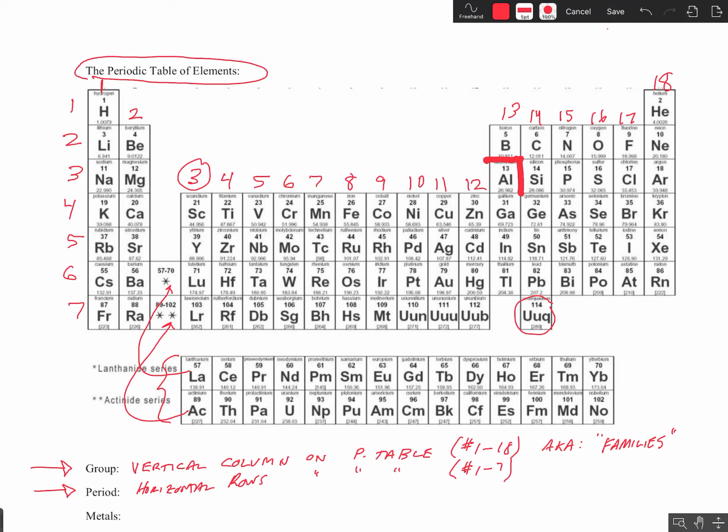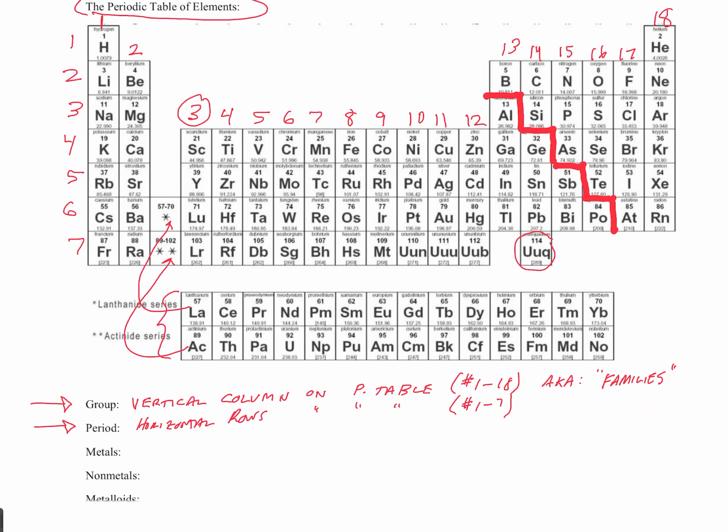And then between aluminum and silicon, silicon and germanium, germanium and arsenic, arsenic and antimony, antimony and tellurium, tellurium and polonium, and polonium and astatine. Okay, so draw that line there, and then we're going to talk about metals, nonmetals, and something called metalloids. So, are you caught up with me?